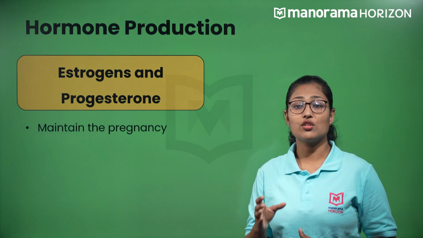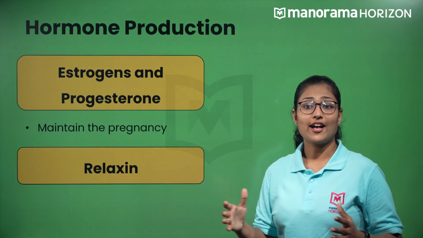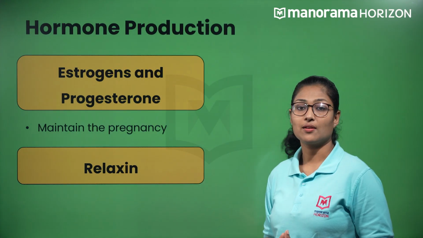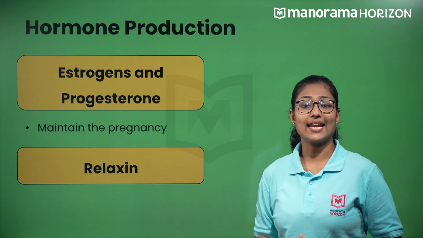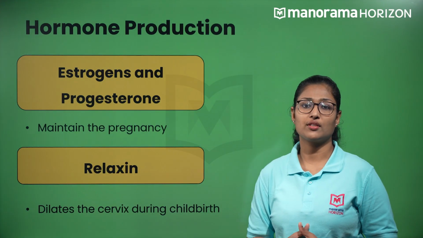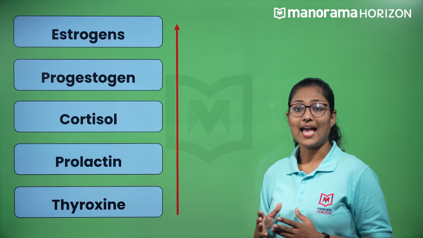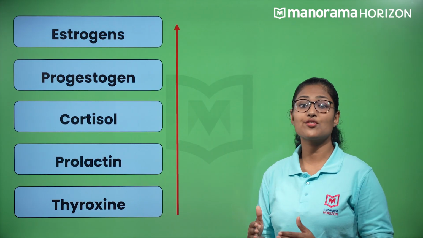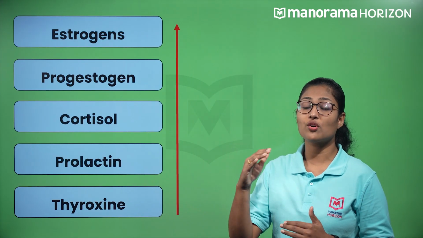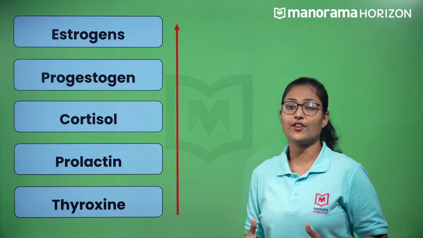And these hormones also inhibit the menstrual cycle during the pregnancy. And finally, the hormone relaxin. The relaxin mediates the childbirth by dilating the cervix during the childbirth. The levels of cortisol, prolactin and thyroxine along with estrogen and progesterone are also increased during the pregnancy to support the proper growth of the fetus.